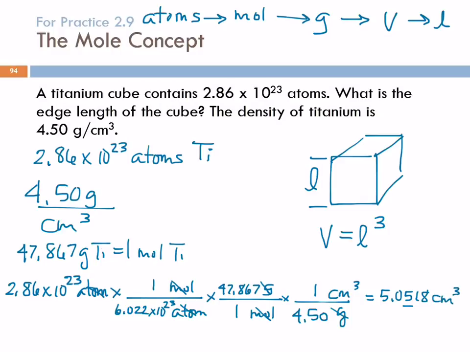That's the volume of the cube. Any questions about how we got there? Is that a reasonable volume? Yeah, 5 cubic centimeters. It's smallish, but visible. It's not larger than the building. It's a good sign.